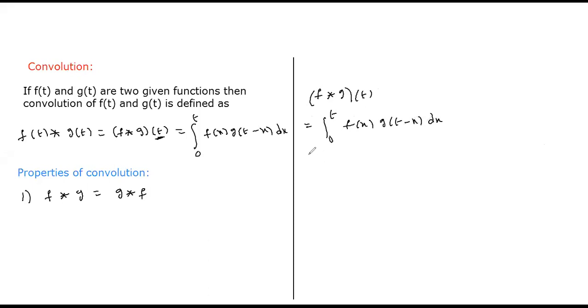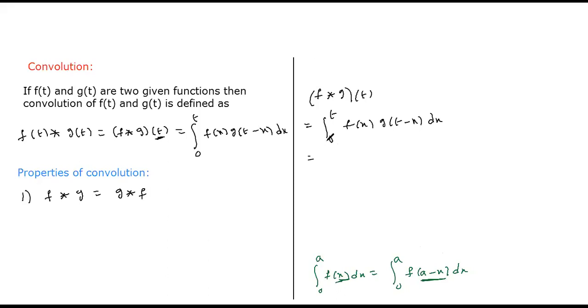Now recall the formula: the integral from 0 to a of f of x dx is equal to the integral from 0 to a of f of a minus x dx. Do you agree? So I can replace x with a minus x in the integrand when the limits are in the form 0 to a.